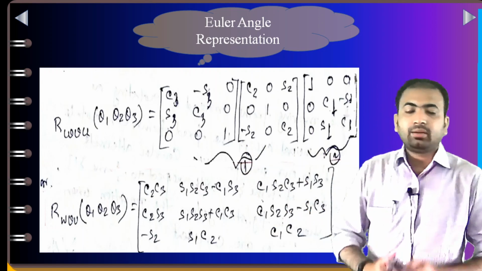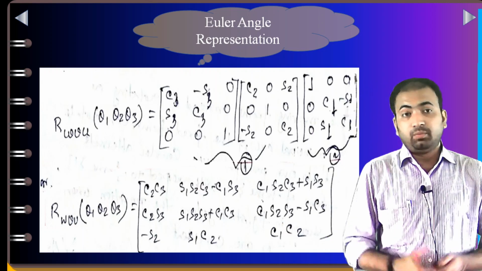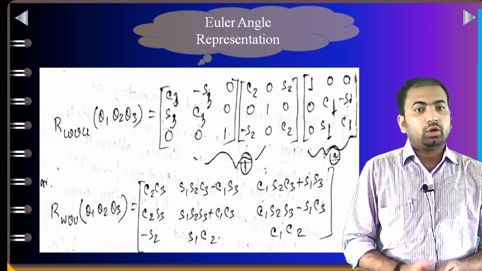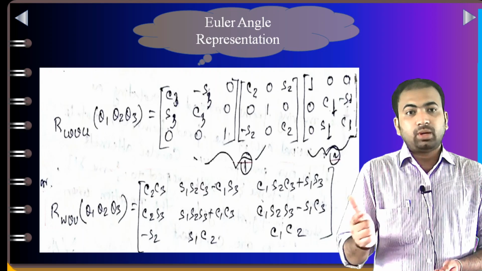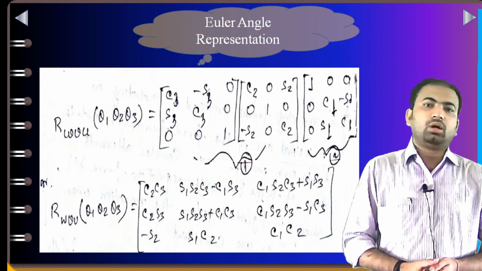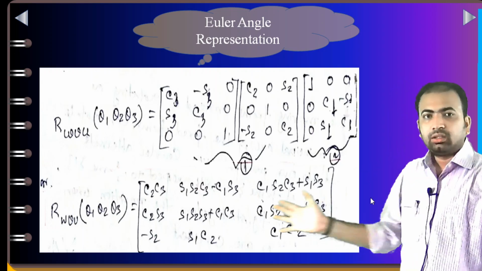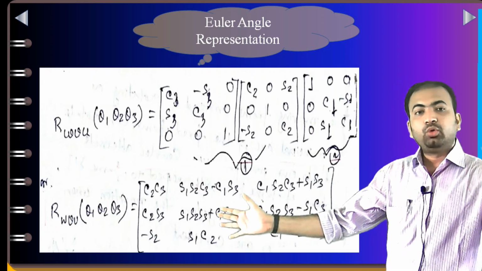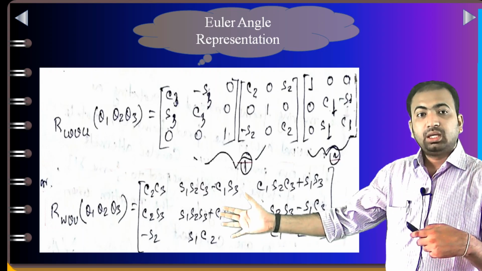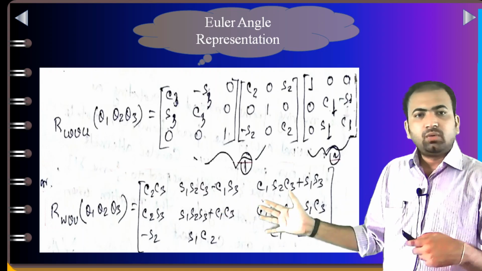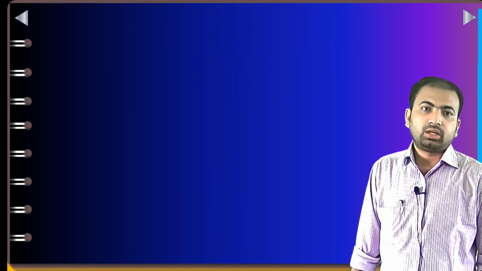Now, as I said, in the previous case, in fixed angle representation, we got some equation, that is R x y z, and here we got R w v u. You just see this one, okay, and if you go back to the previous case, that means fixed angle representation, you will find that this matrix and that matrix are both the same as we are representing here.